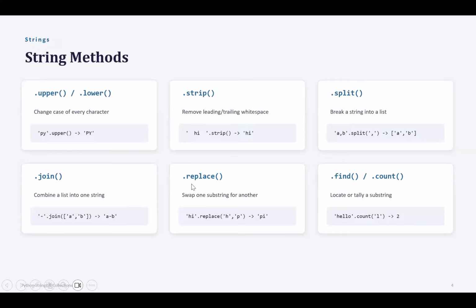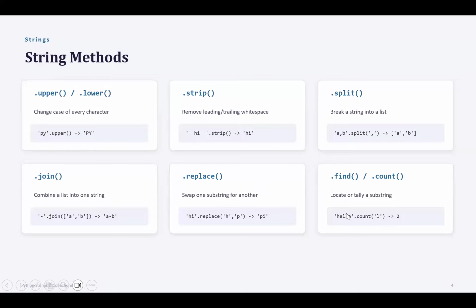Then the replace function basically replaces a character. If I want to swap H with P, then instead of H, P will be written. Instead of high, pi will be written. Same goes with the count and find functions. Count L means how many times L occurred over here.